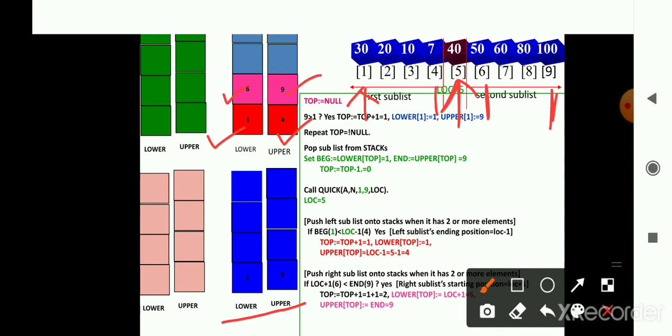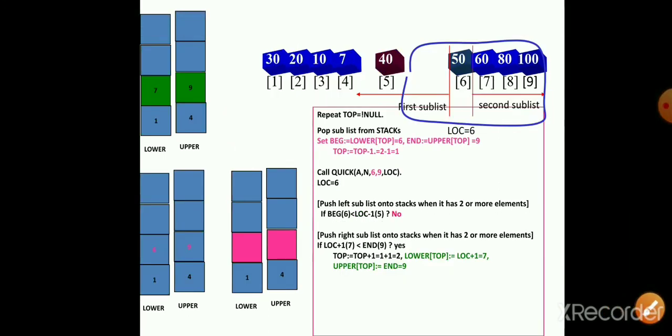Now always the stack is going to be updated. Of course that 6 and 9 will be popped first here. So we will have to perform the recursive call for this particular portion. Here we have to just pop up that value. So here we will get the different elements for that.